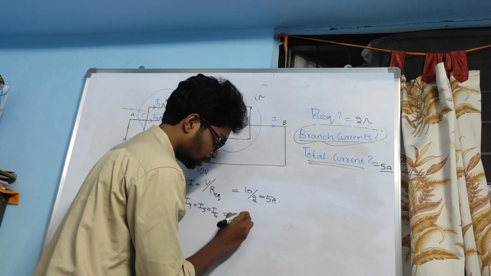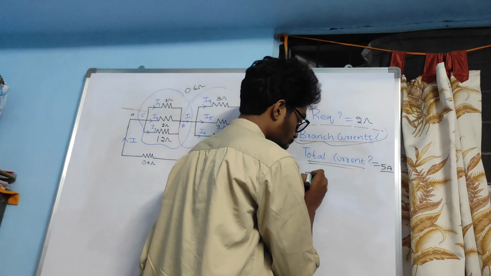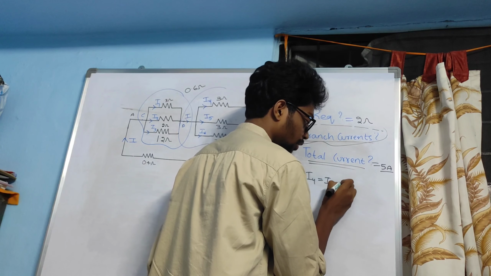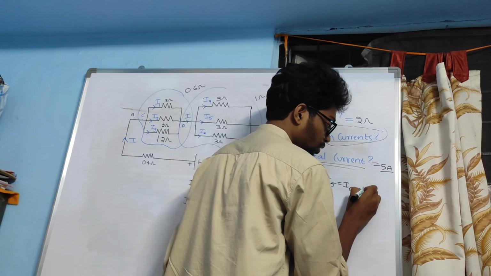Therefore the branch currents I4, I5 and I6 are each 1.66 amperes.